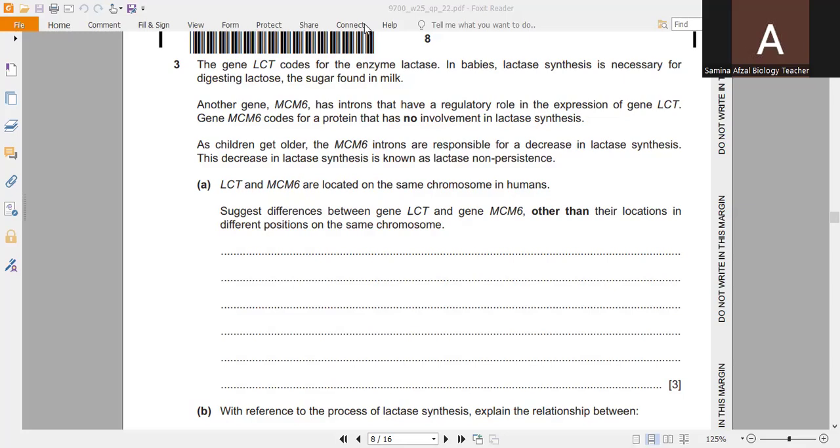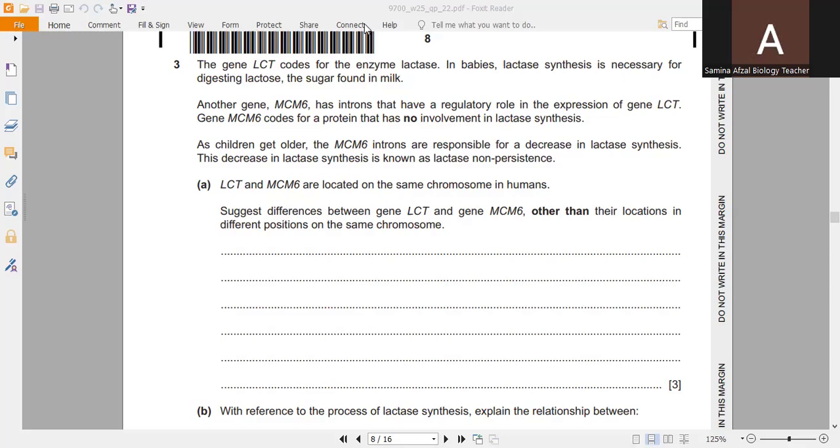So first of all, the first difference which I would like to write is the structural difference. Each gene has a different base sequence which allows them to code for different polypeptides.